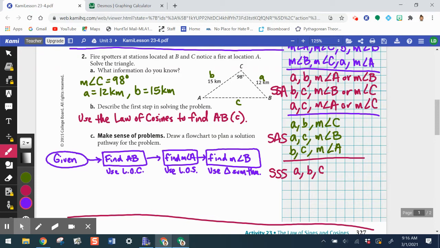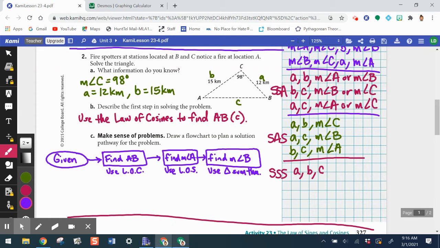So using the law of cosines, since we are given the measure of angle C, we're going to find the length of the third side, or the side opposite of angle C, which is AB, which we call lowercase c. So the first step, use the law of cosines to find the length of AB, which again we labeled c.